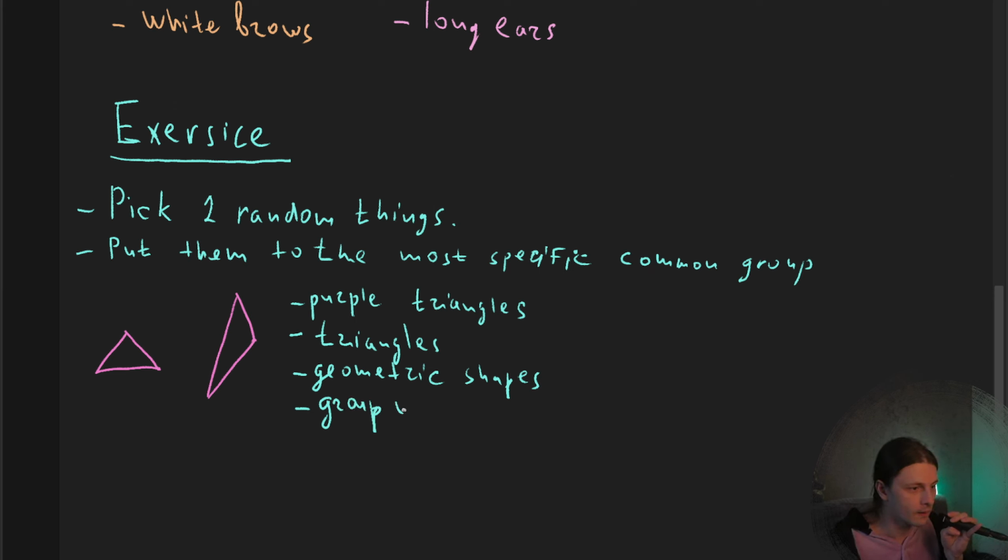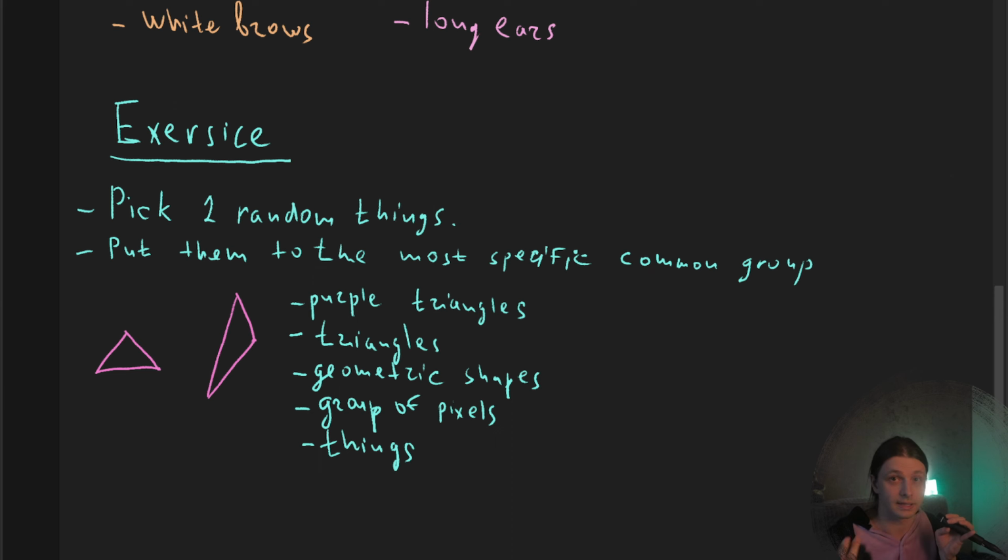A more broad definition for these things: it's just things. Okay, that's also correct. Things. And so on. You don't need to use just one group for these two random things.